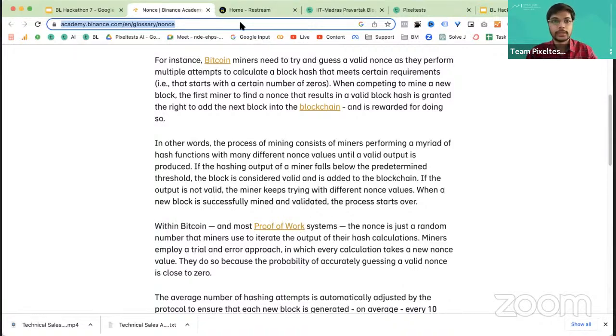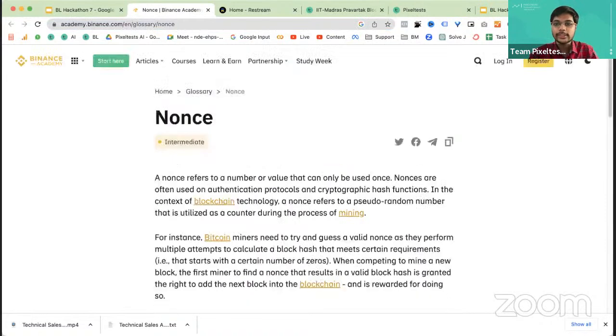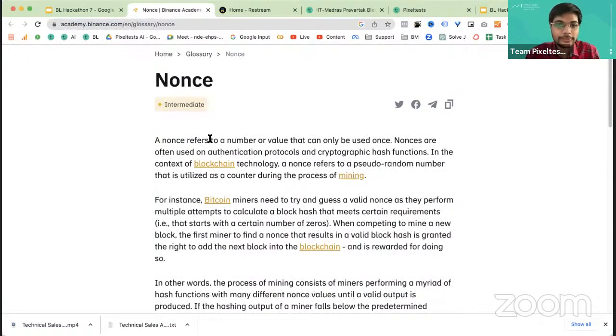If you look at it, we'll just go through nonce. A nonce refers to a number or a value that can be used once, so a number used once is nonce, right? Nonces are often used in authentication protocols and cryptographic hash functions.